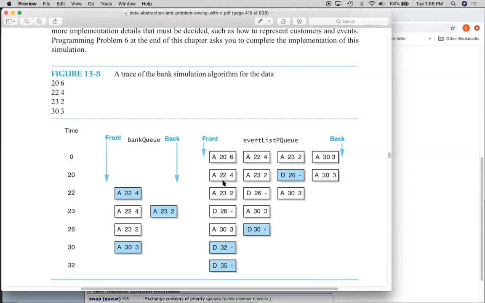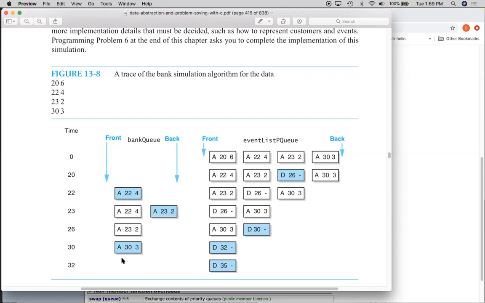So I have to process that event. At this point, there is not a teller available. We're just keeping it simple, and we're going to assume there's only one teller. So at time 22, the teller's not available yet, right? So what happens is we're going to put that event into line at the bank.